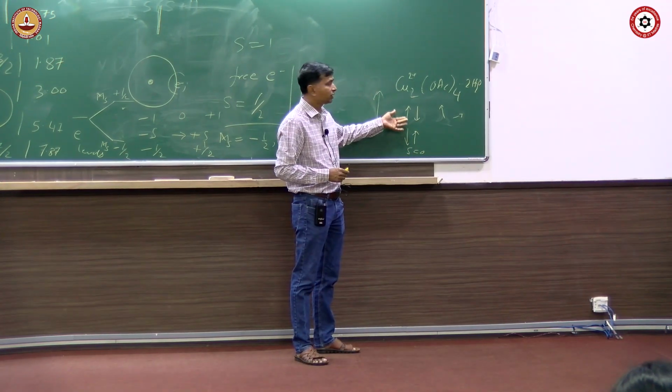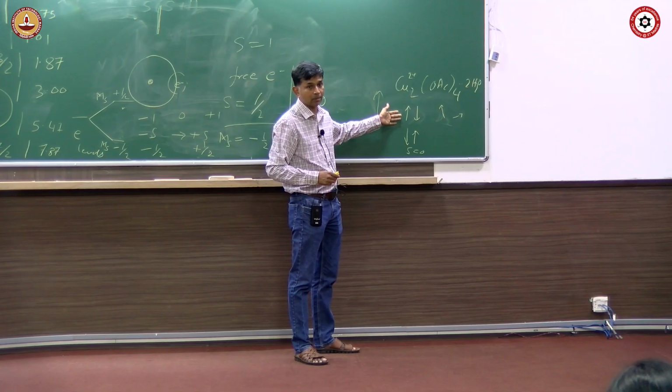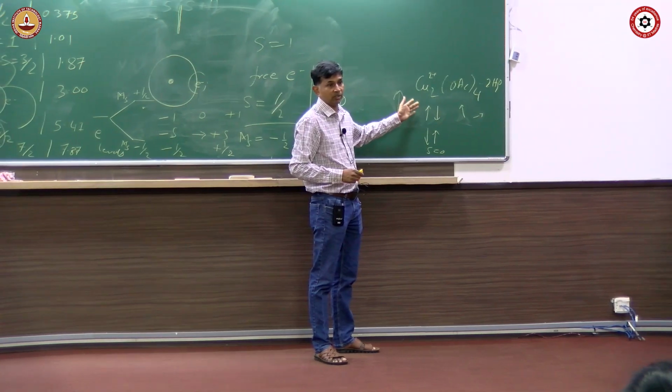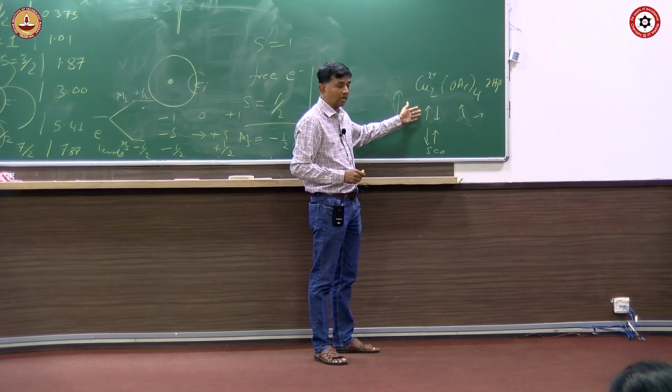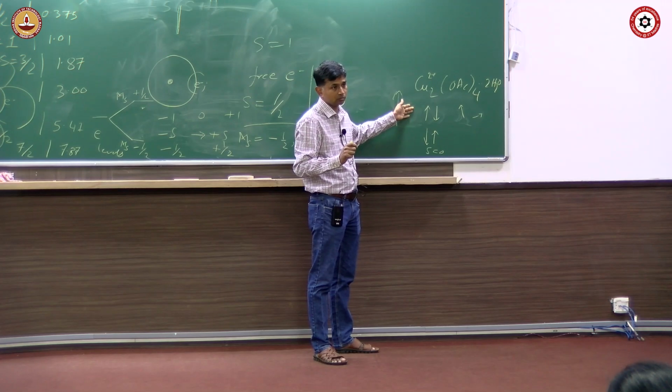It can never give a signal because it is a diamagnetic state, so it will not give any EPR. The criterion for being EPR active is that it should have at least one unpaired electron. More is fine, but at least one.